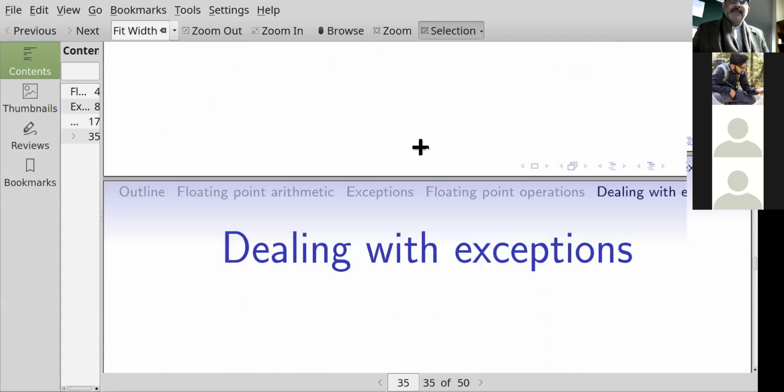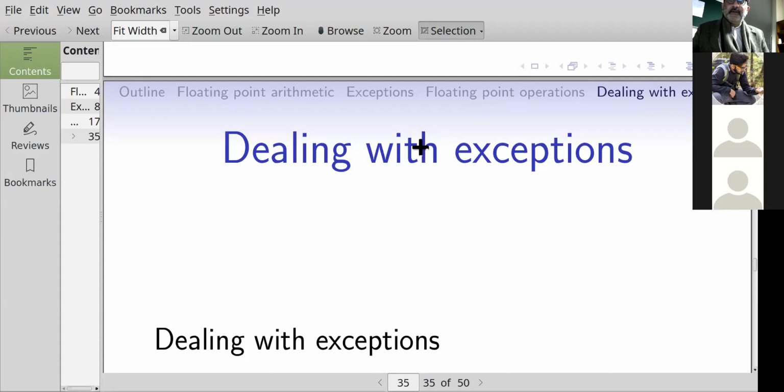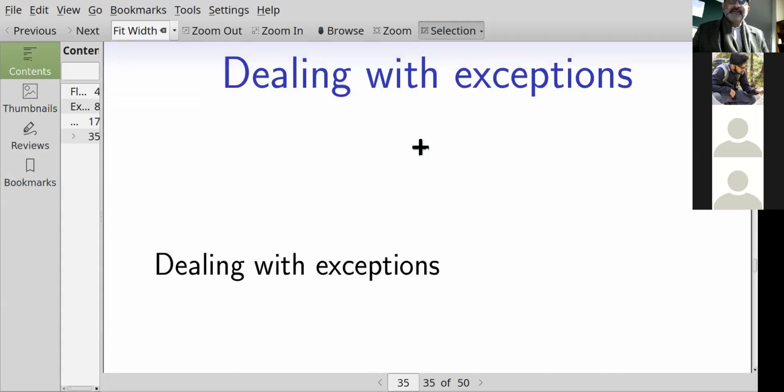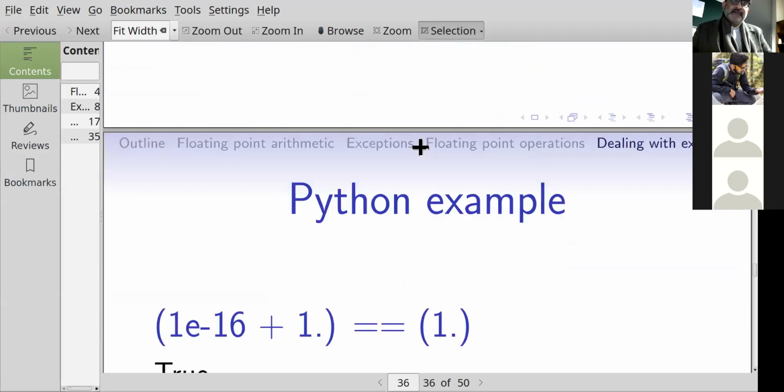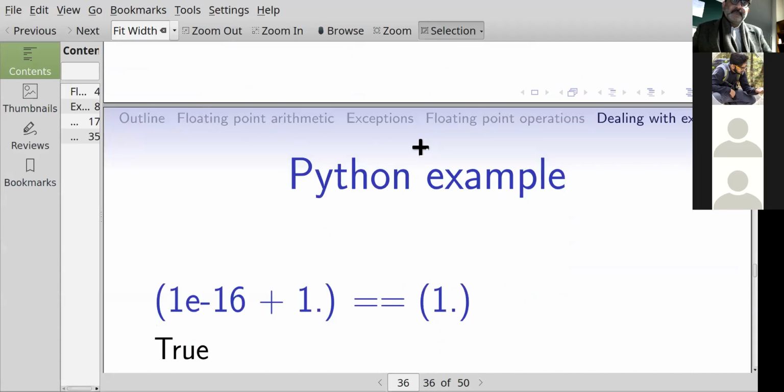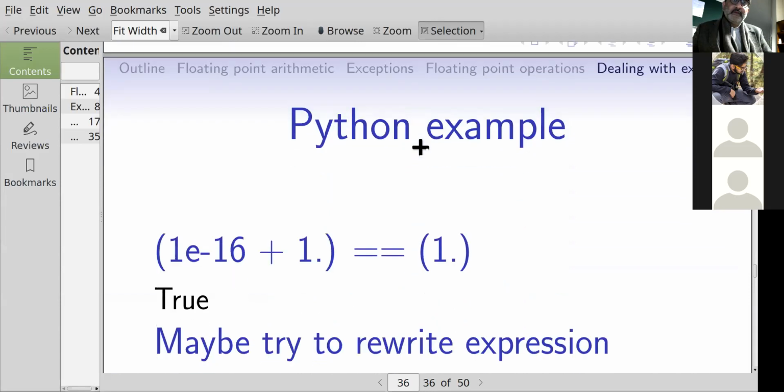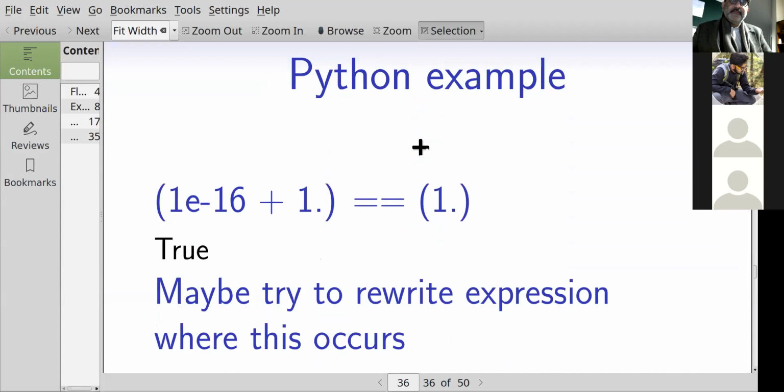Okay, so we talked about exceptions, and then the question is, how do you deal with the exceptions? Here's an example. By double equals, we mean it's a mathematical statement.